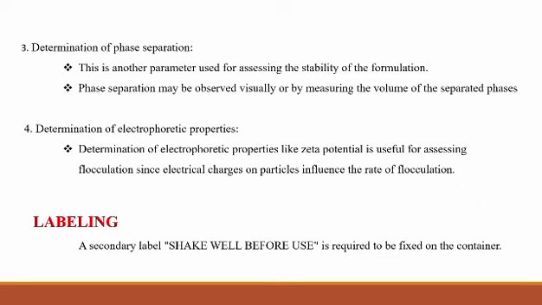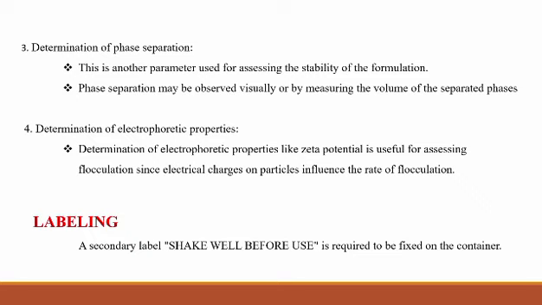Next we measure the velocity of droplets, how fast the globules move from one place to another. Next we calculate the zeta potential. By calculating the zeta potential, we can easily assess the stability of emulsions.